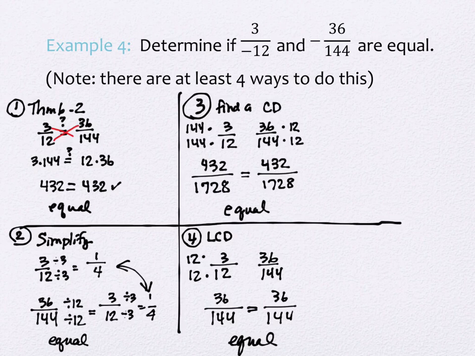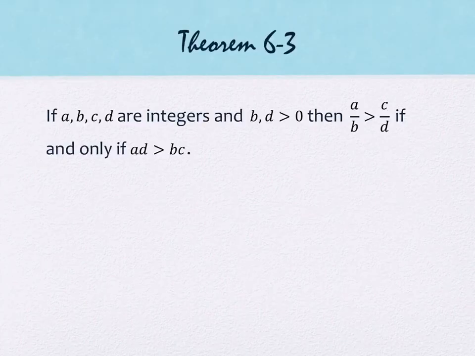All right, not only can we determine if fractions are equal, we can also determine which fraction is bigger than another one if they're not equal. And that's theorem 6.3. Again, it's one method, not the only method, for deciding which of two fractions is larger when they're not equal. And it's a lot like the cross multiplication from 6.2. If you're able to cross multiply here, AD and BC, and the AD is bigger when you cross multiply, then the left-hand side's bigger.